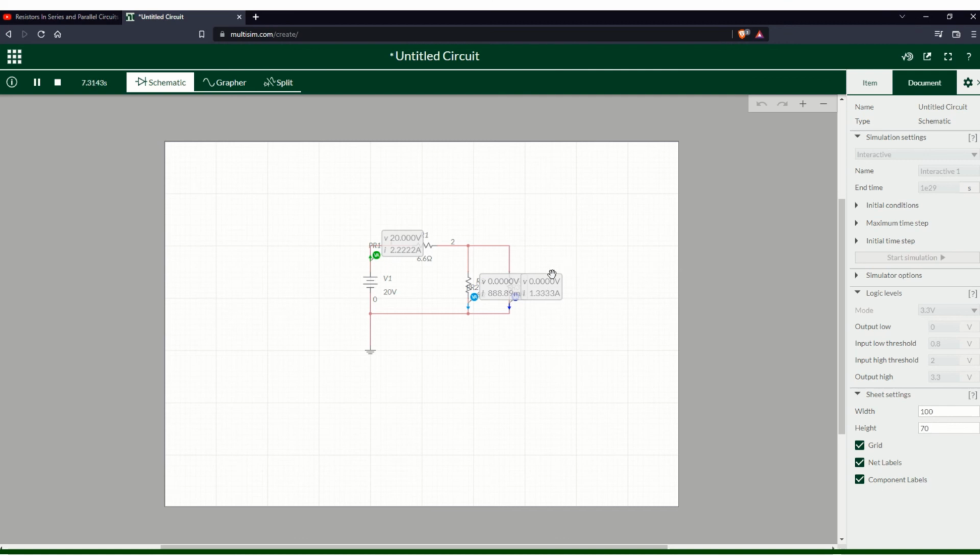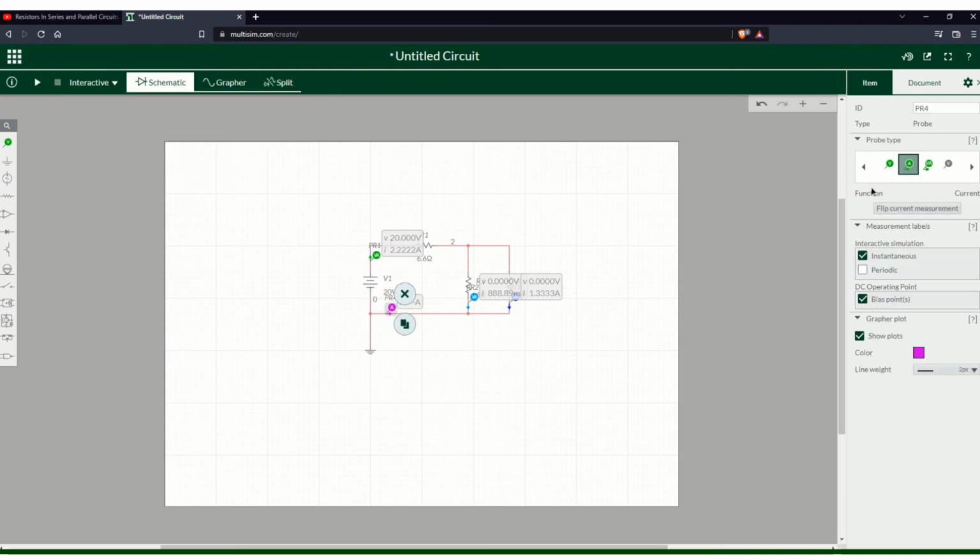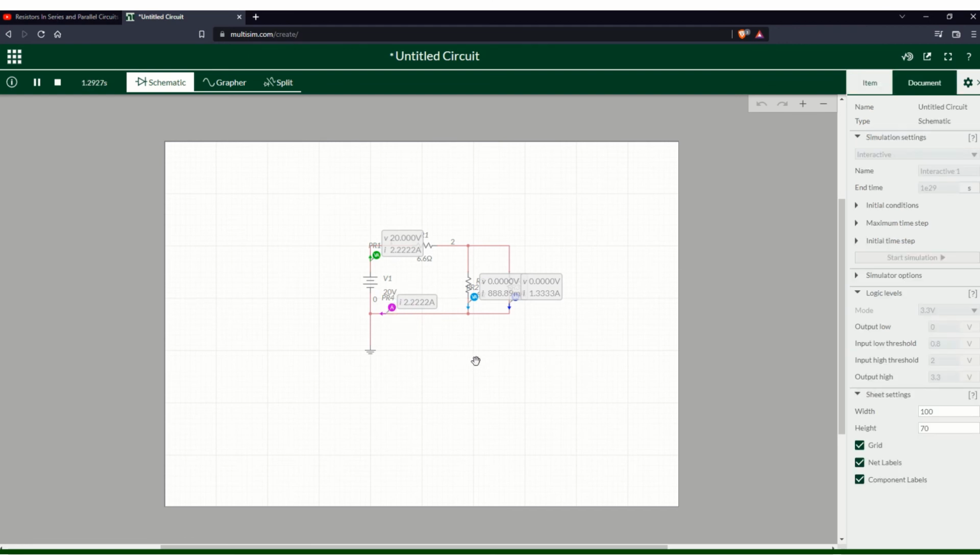And then the I2 would come out to be 1.3333 amperes, which adds up to a total of 2.2222 amperes for the entire circuit. As you can see, once they've combined, it comes out to a 2.2222 amperes running back this way.